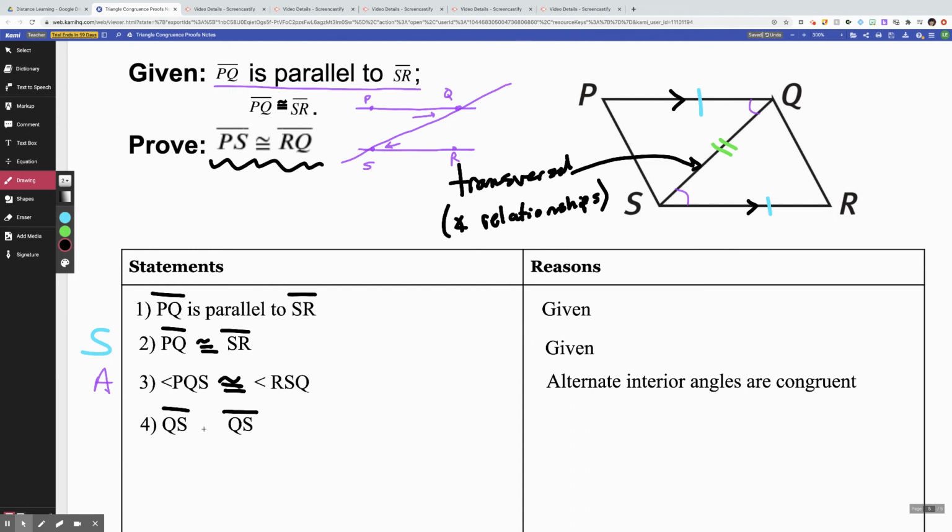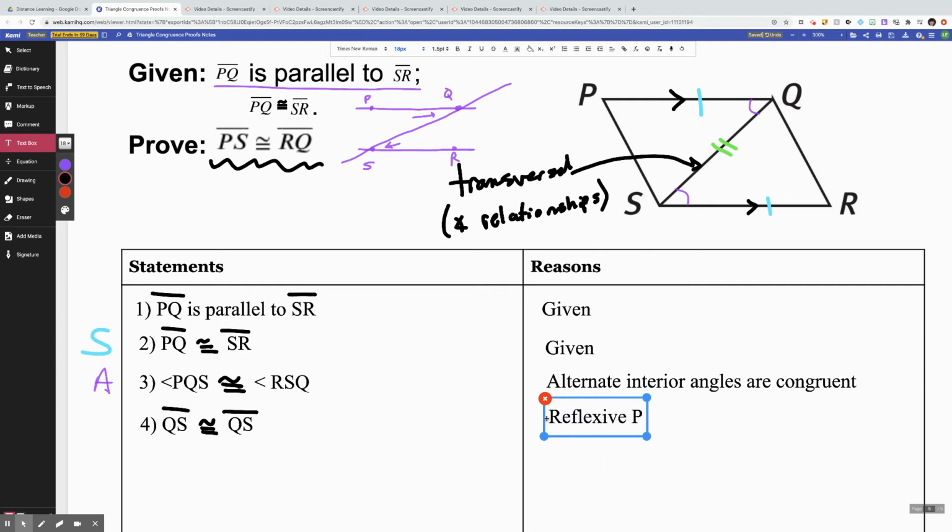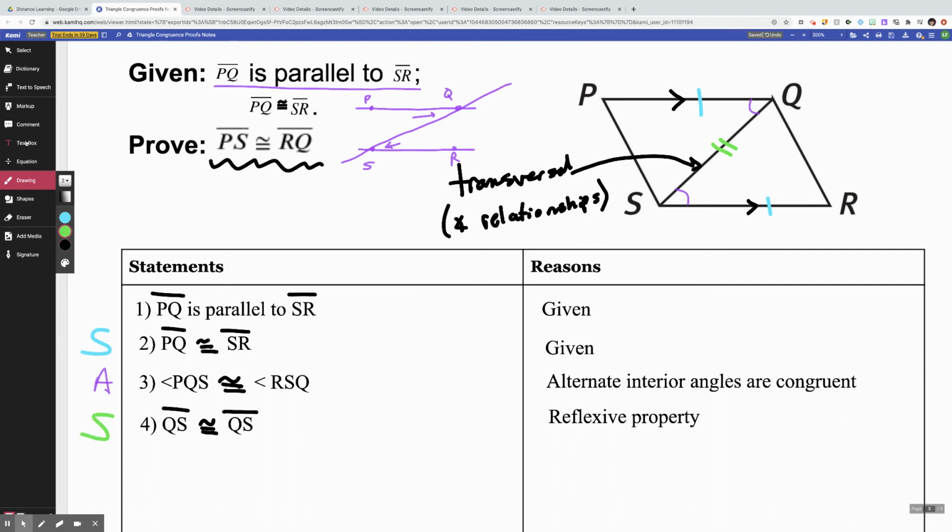QS is congruent to QS. Remember, whenever things are congruent to themselves, the reason is always the reflexive property. So now I have side, angle, side. So now I can say that the triangles are congruent.